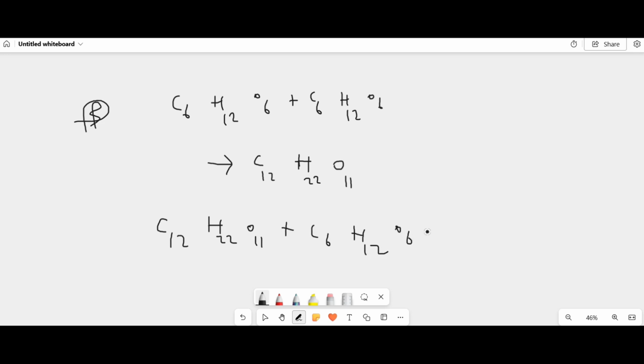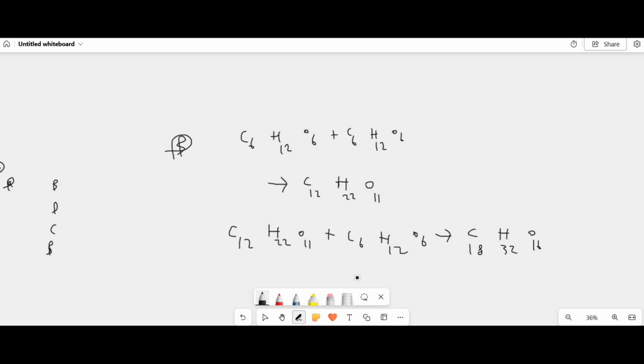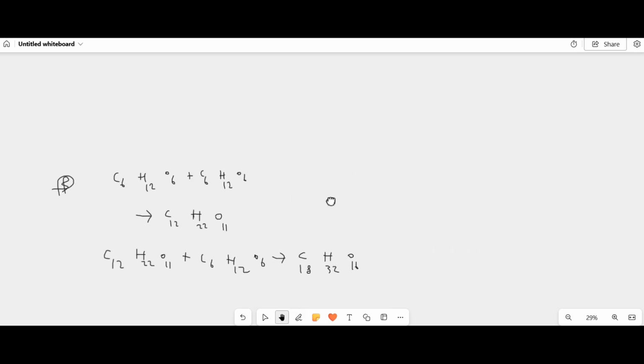That gets you C18, and then H22 plus another H12 gives H34. But you need to remove 2 because H2O was released, so H32. Then 11 plus 6 is 17, but 1 got removed, so that's 16. So you get O16. That's the end of that.